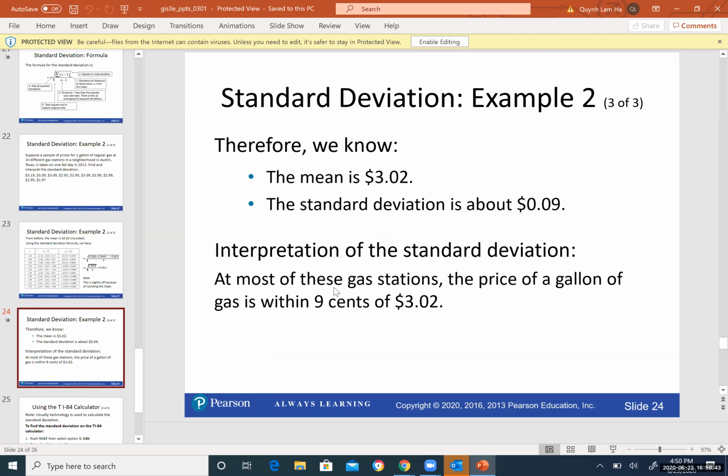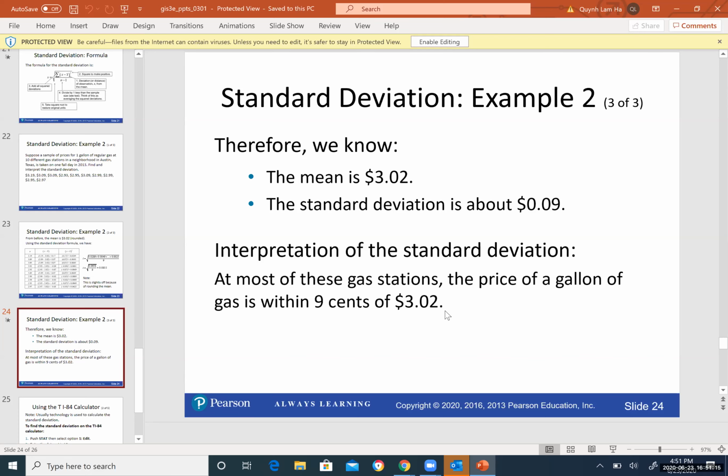At most of these gas stations, the price of a gallon of gas is within 9 cents of 3.02. So this is the mean, right? Most gas stations will have a price between 0 and 9 cents away from the $3.02. That is how you interpret the standard deviation.